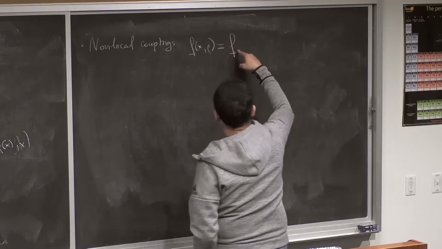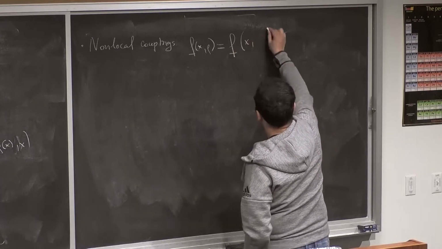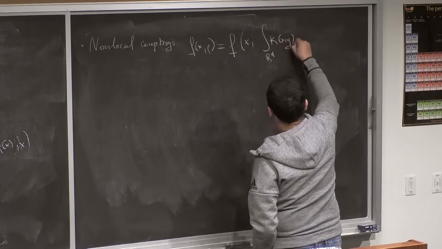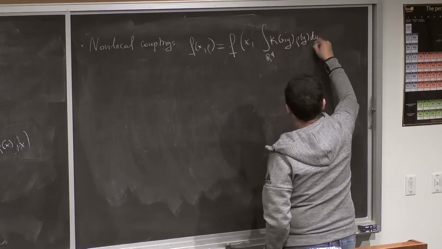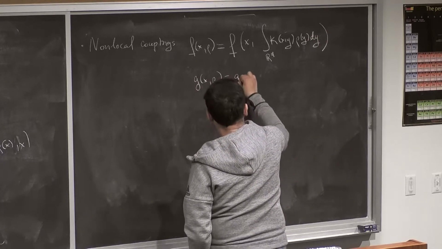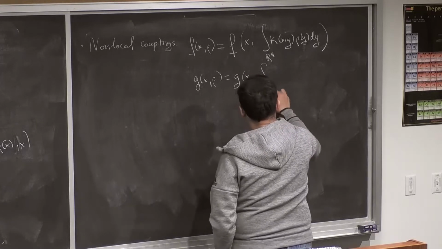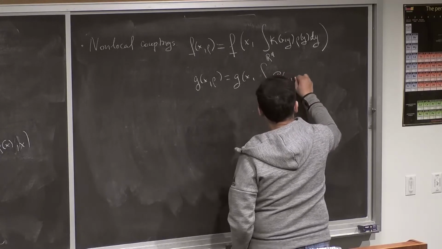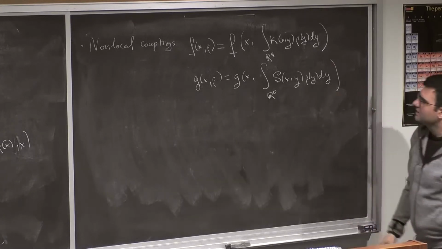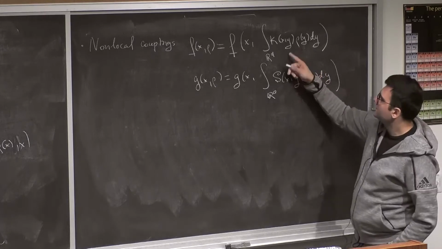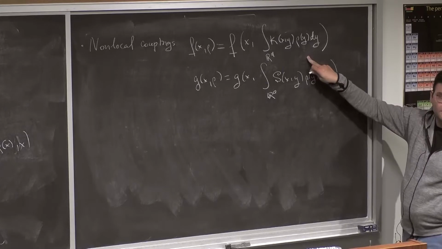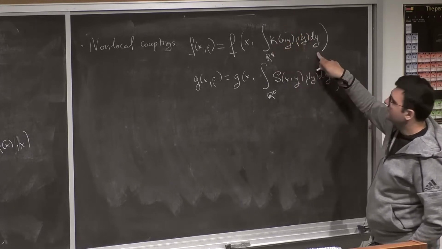So let's say F, where again I'm using the notation X. So now the way an agent at position X interacts with the whole population is given through this integral.